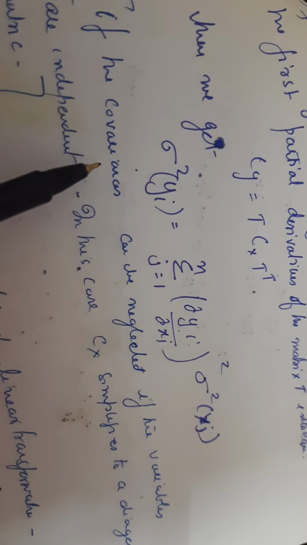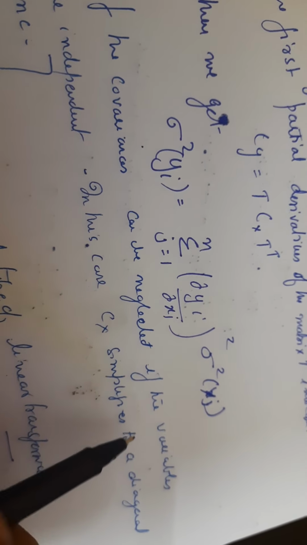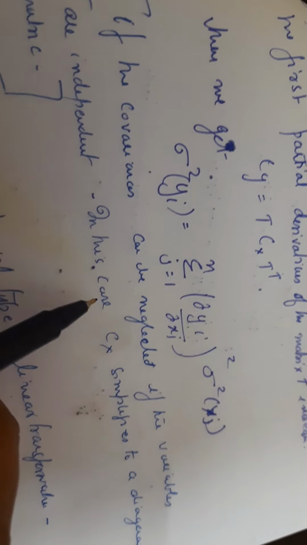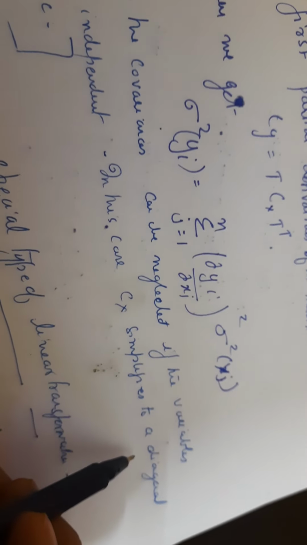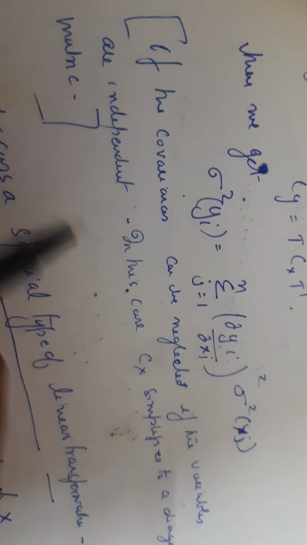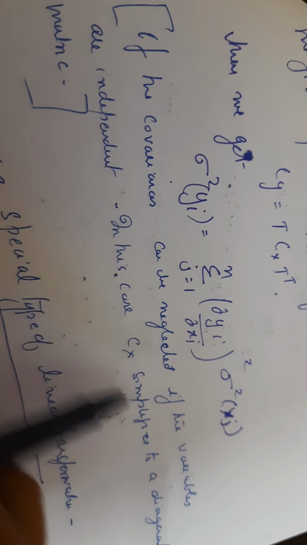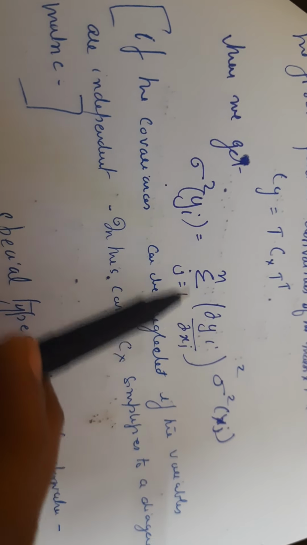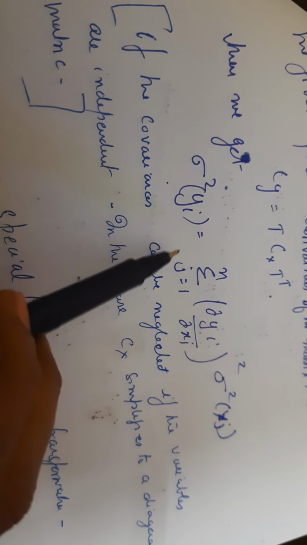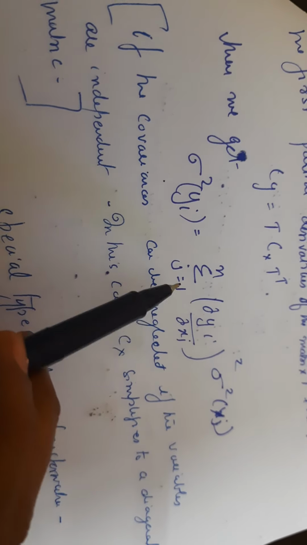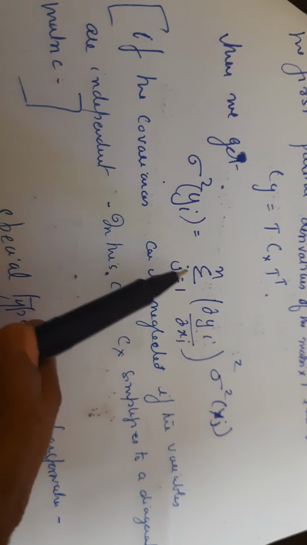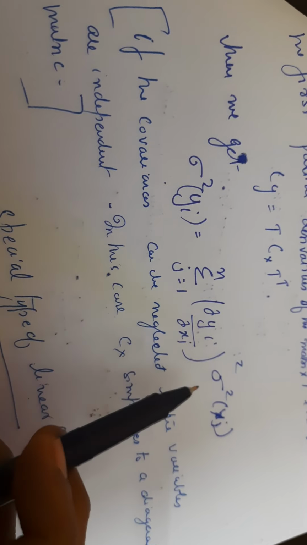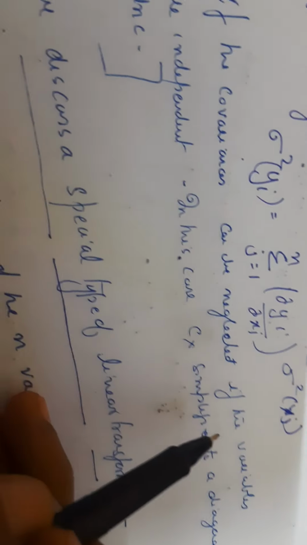So when the covariances can be neglected, if the variables are independent, then we can take only the diagonal terms, the diagonal matrix. So the other terms will become 0. Then we only have to deal with the variances. So sigma square yi is equal to the summation over j equal to 1 to n of (∂yi by ∂xj) whole square sigma square xj.